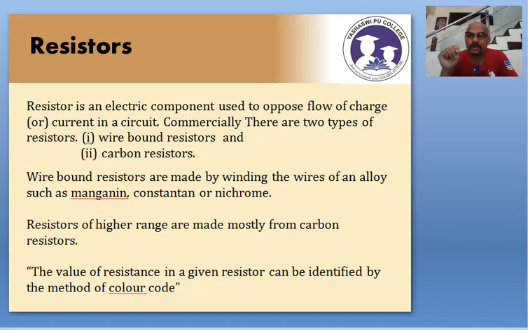See, there are two types of resistors. One is known as wire bound resistors and the other one is carbon resistors. In wire bound resistors, the resistor is made by winding wires made up of alloys like manganin, constantan, nichrome.